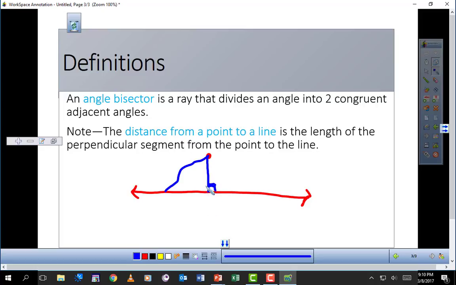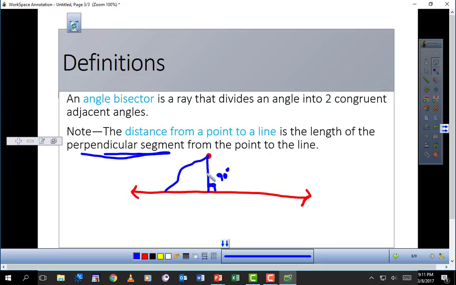Well, that's how we're defining distance from a point to a line. It's always the shortest path, and it's always going to make a perpendicular segment when it hits the road or the line over here. And of course, perpendicular means that we're going to have a 90-degree angle here.